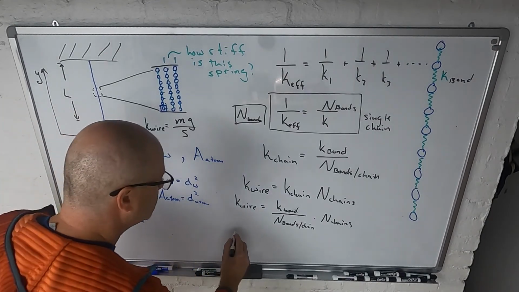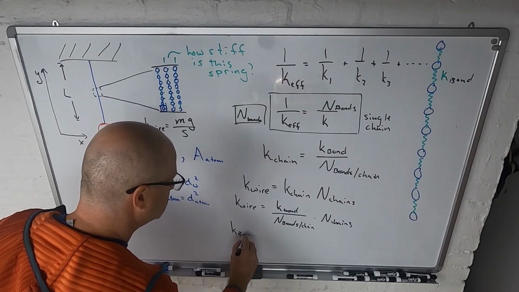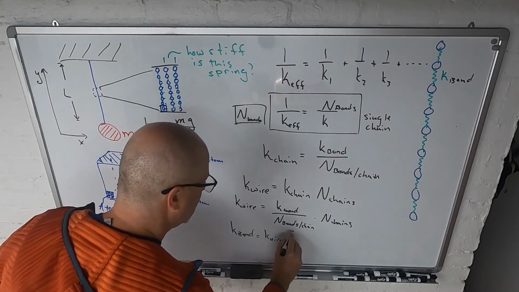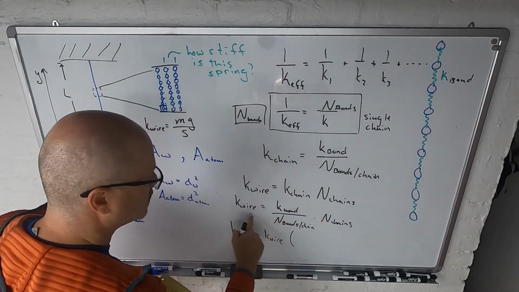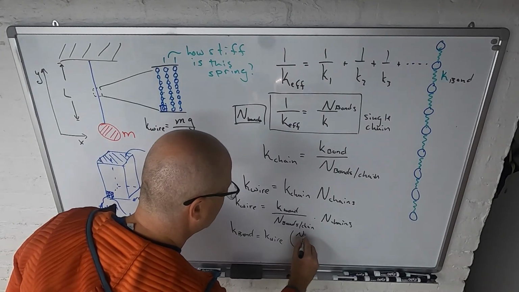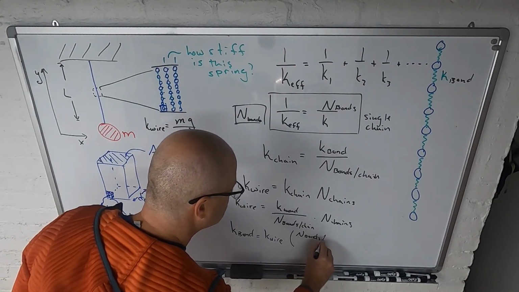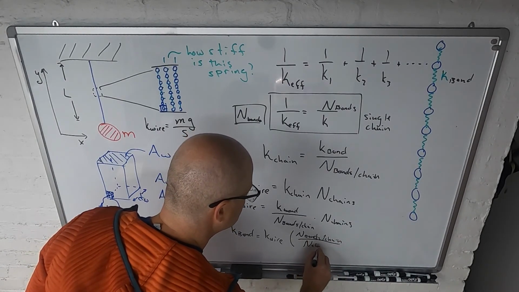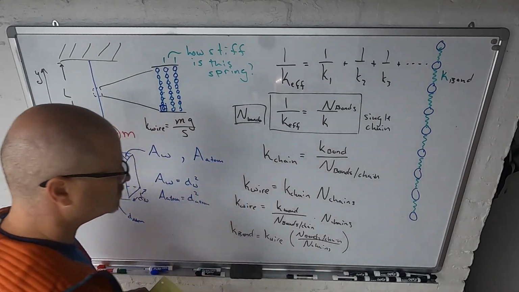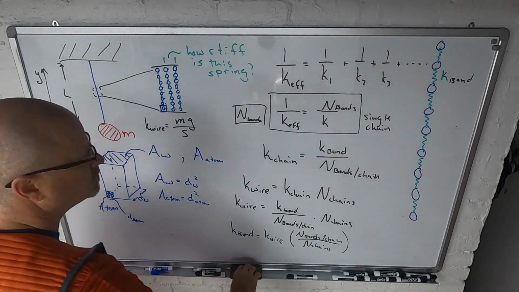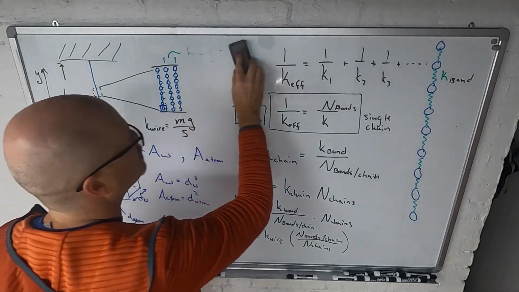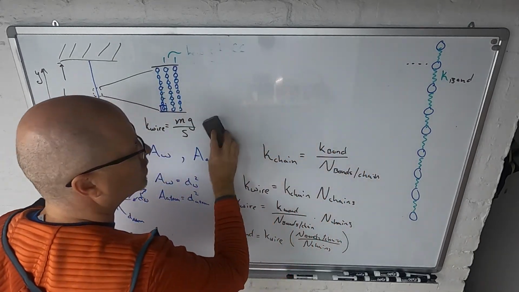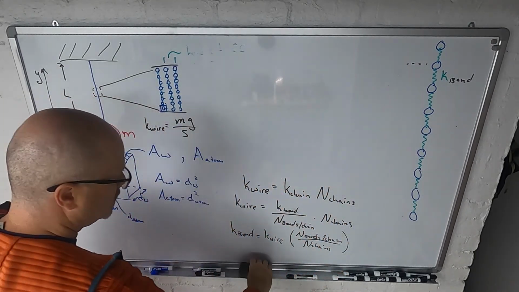So let's do it. K of a bond is equal to K of the wire times, well, this goes on the bottom, this goes on the top, number of bonds per chain divided by the number of chains. So 2 numbers. Okay. So if we want to know how stiff that one spring is, now what I can do is rewrite this.